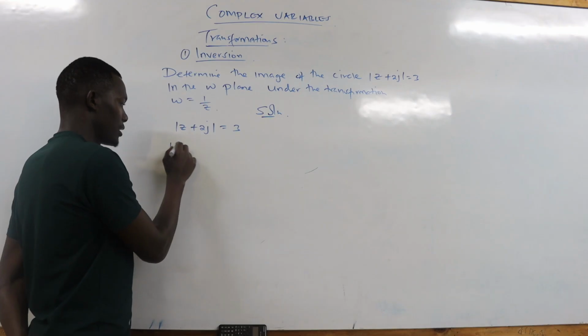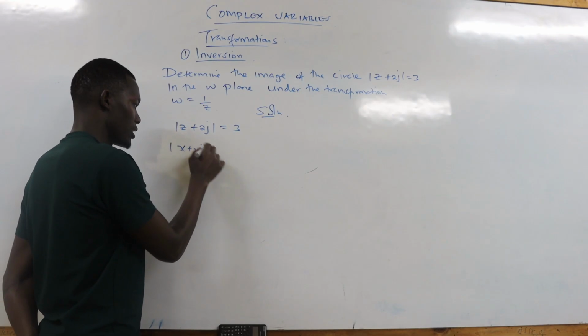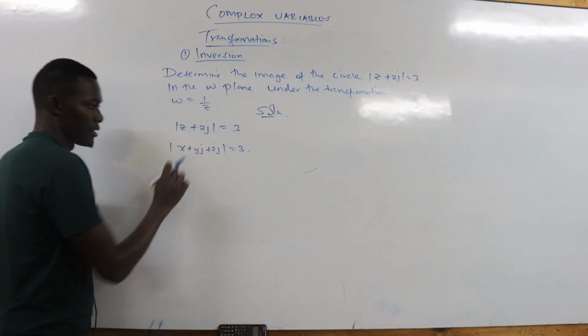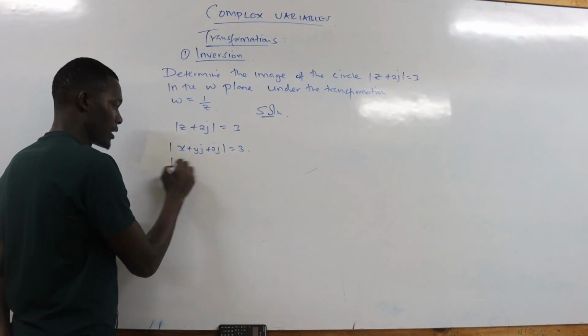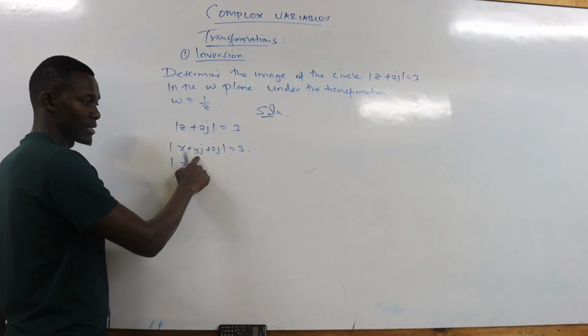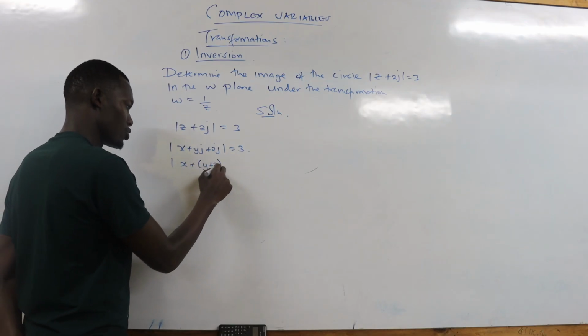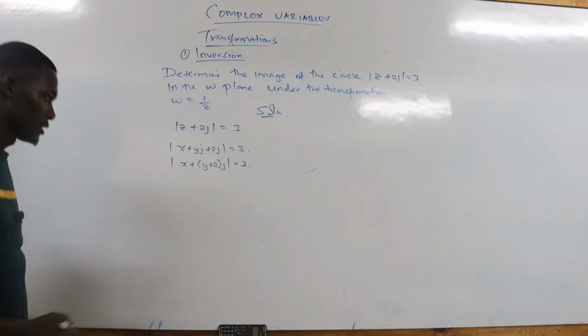So we write |x + yj + 2j| = 3. Then take the real and imaginary parts together. The real part here is only x, because the other terms have a j. So we put y + 2 together, then a j, equals 3.